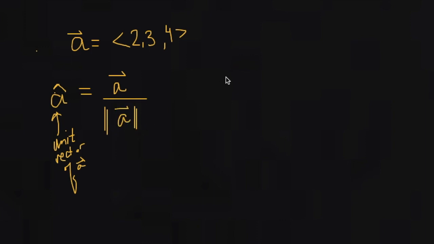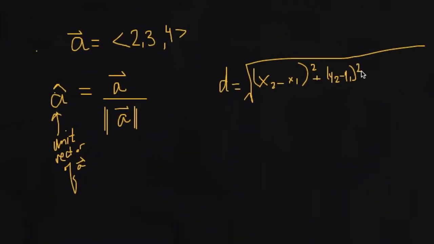Recall that we talked about finding the magnitude, which is just the distance or length of a vector, and the equation was given as the square root of x2 minus x1 squared, and so on. In the example we had earlier, we were dealing with 2 dimensions. In this case, we have an x, y, and z dimension because there are 3 numbers in this vector. So we are going to have to add z2 minus z1 squared to the end of this equation to put it into 3D.